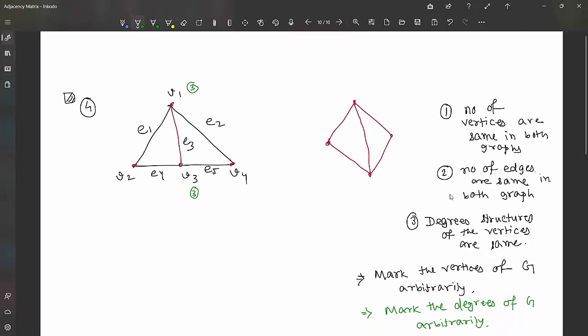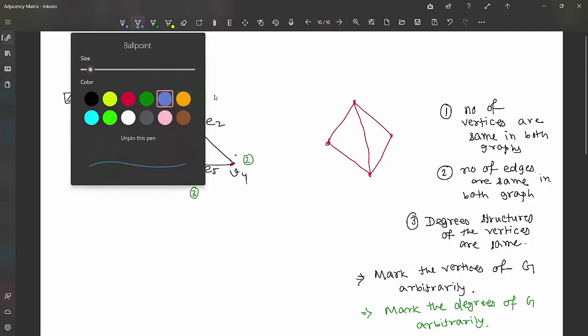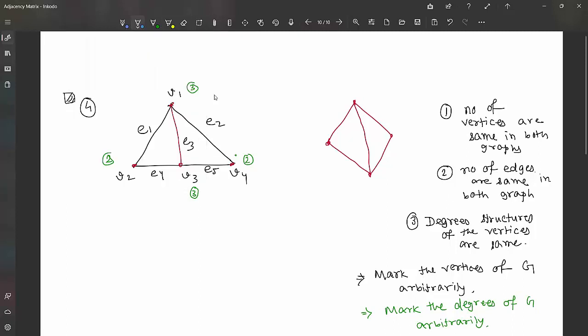Now just see that these two are degree 3 vertices and these two are degree 2 vertices. So you can connect only a degree 3 vertex to a degree 3 vertex, not to a degree 2 vertex or any other degree vertices. That's why you can choose this as V1 and this as V3. You can also choose this as V3 and this as V1.